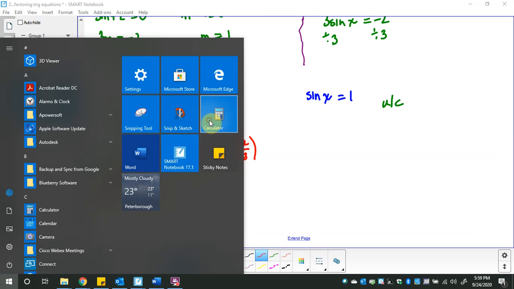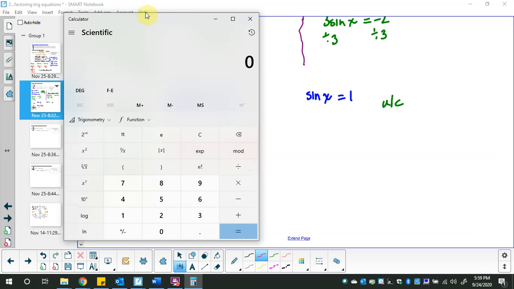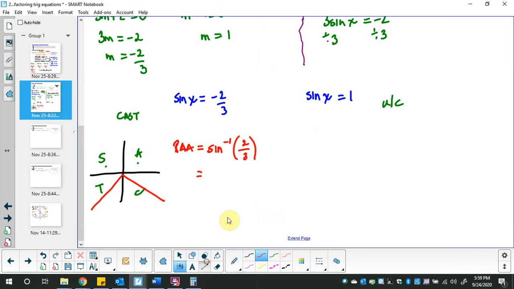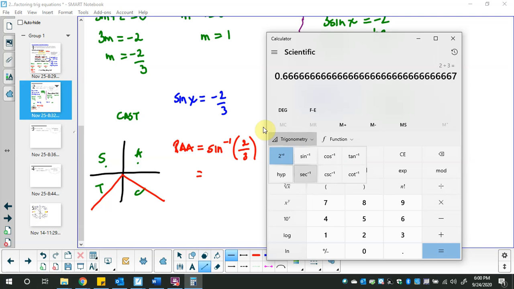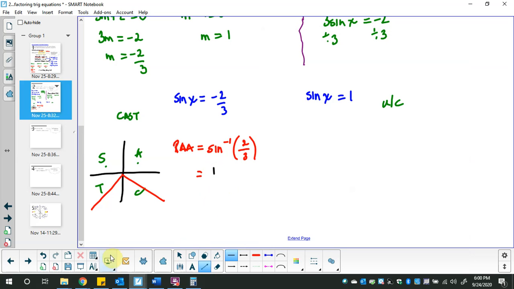And just like the last lesson, I have to make sure that my calculator's in degrees. And I have to type this in. Where'd it go? So 2 divided by 3 equals, there's that decimal, complete form, haven't rounded in any way. Trig, I need to do second function sine, and I get 41.8, and that is 41.8 degrees.